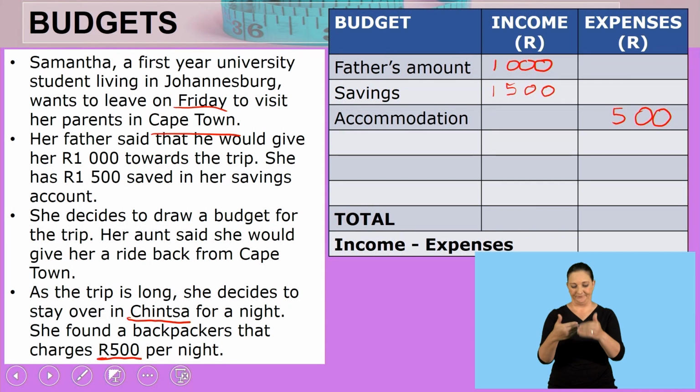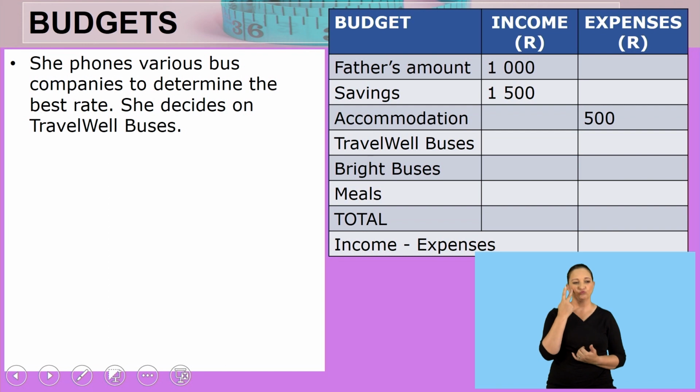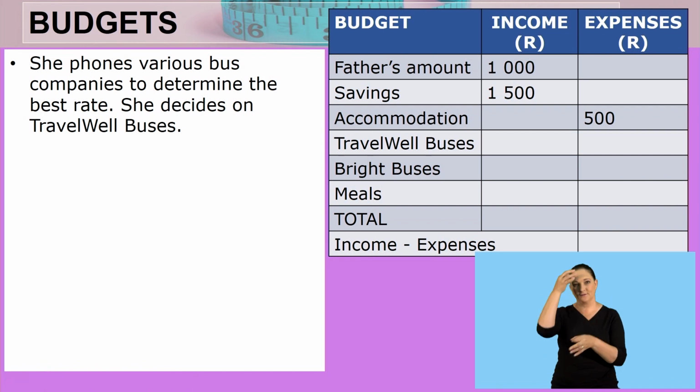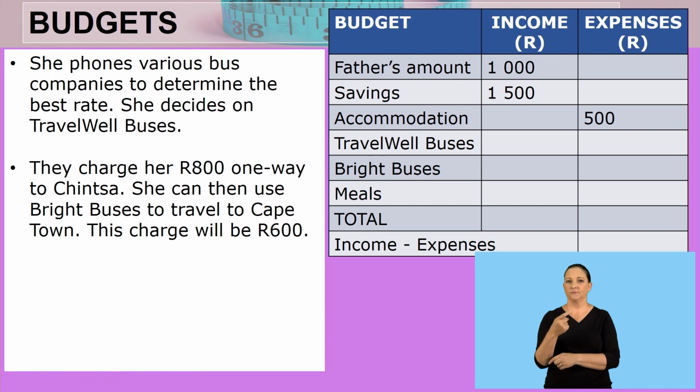Okay, let's move along. She phones various bus companies to determine the best rate. She decides on Travelwell buses. They charge her 800 Rand one way to Chinsau. She can then use Bright buses to travel to Cape Town. This charge would be 600 Rand.